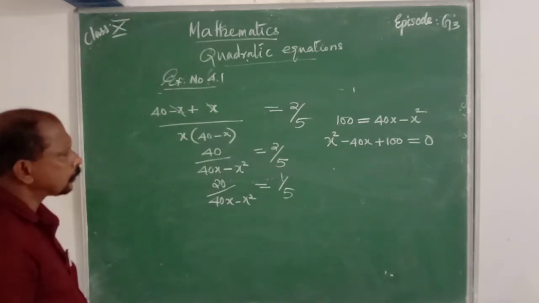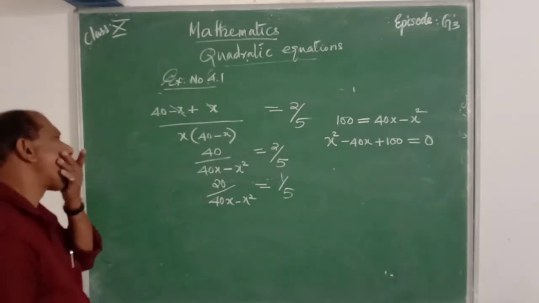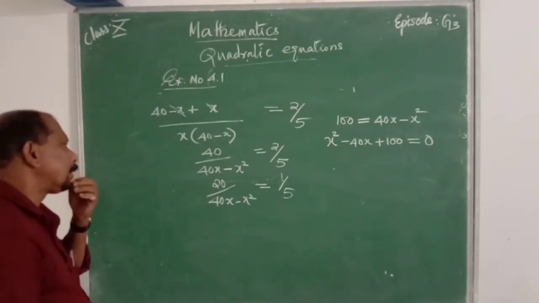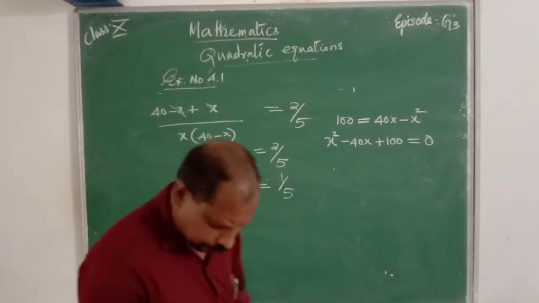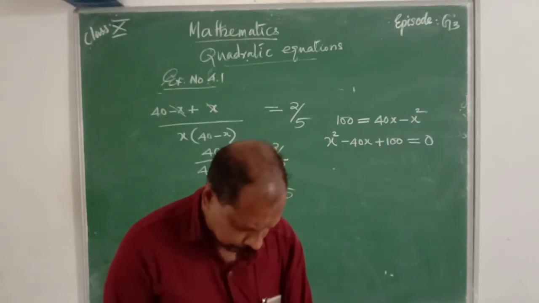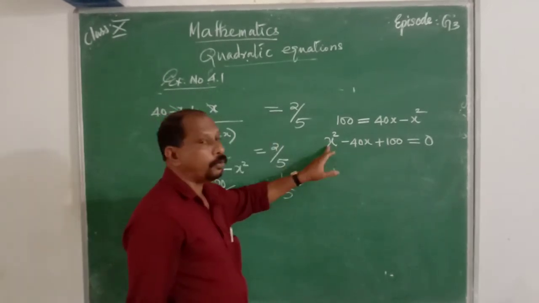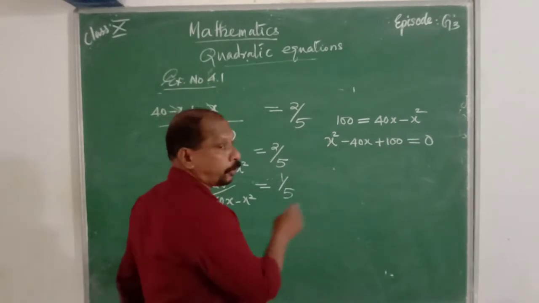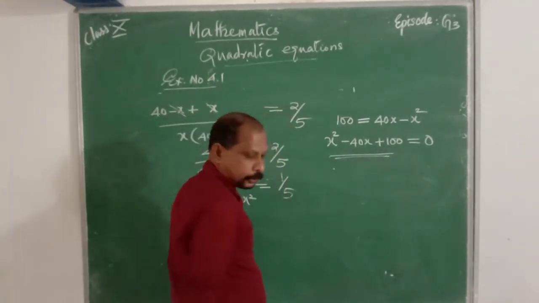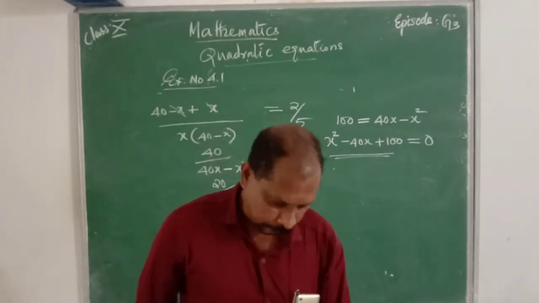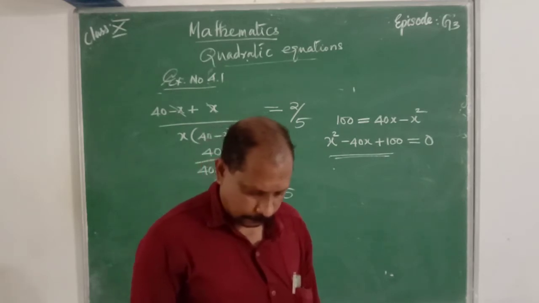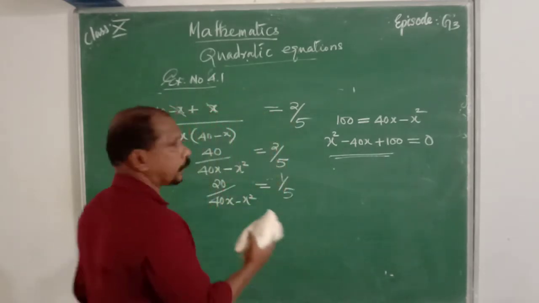We can solve only the quadratic form, that is x square minus 40x plus 100 is equal to 0. That is the equation. Okay?